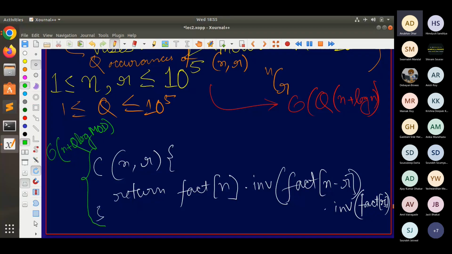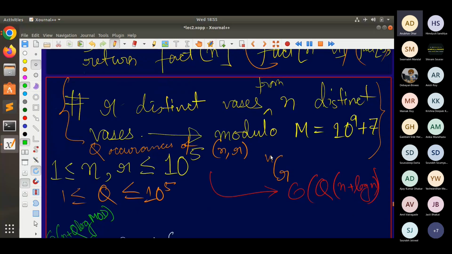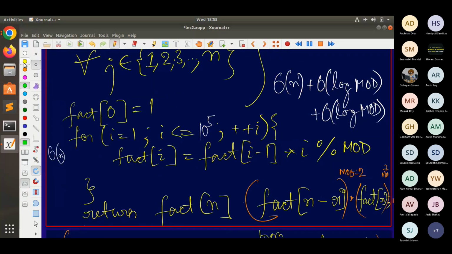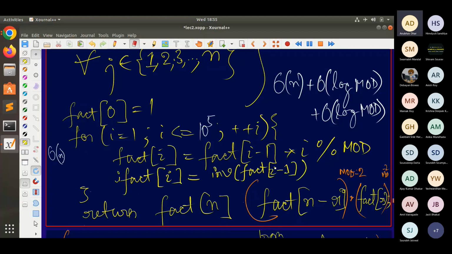So the next trick is, you have pre-computed all the factorials. Now, why don't you calculate the inverse of all factorials? That is just having another array, like inverse of factorial, which is basically the inverse of fact.